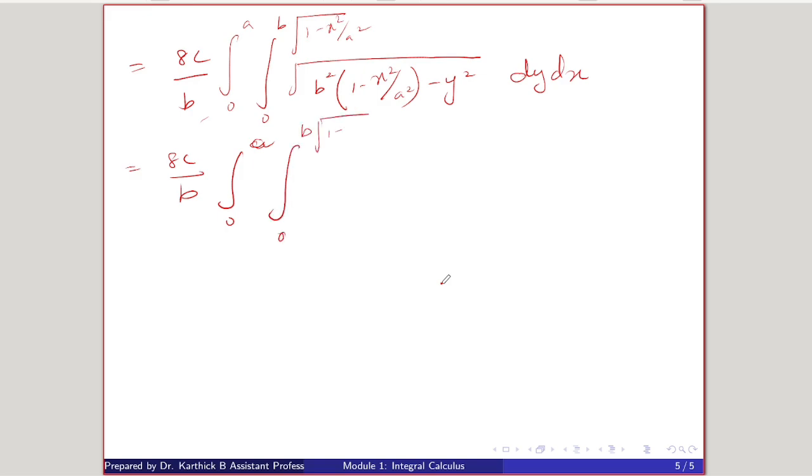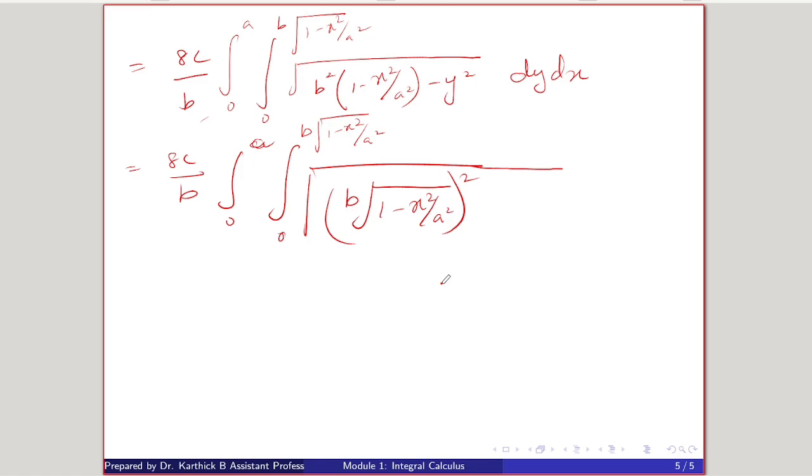Just simply 1 minus a square, and I may take this term as square root of b into, I may take this 1 minus x square by a square, the whole square, same as the limit, because we may use a substitution method to simplify this expression.